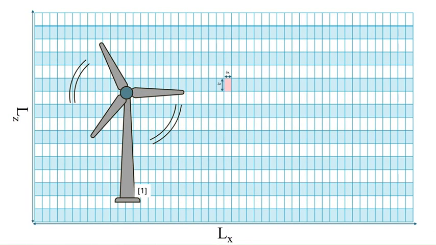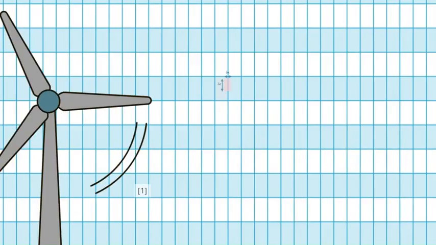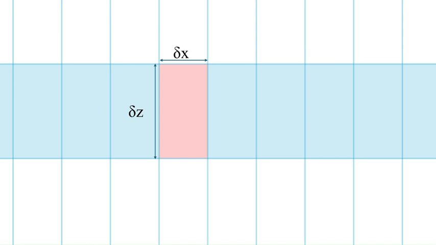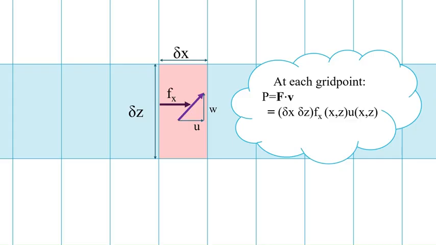Since the forcing profile describes the force on each point in the domain, it is in effect a force density. Taking the scalar product of the force with respect to the speed of the wind at each grid point will therefore give us the power density of each grid. And summing these over the domain will give us the total power generated by the farm.